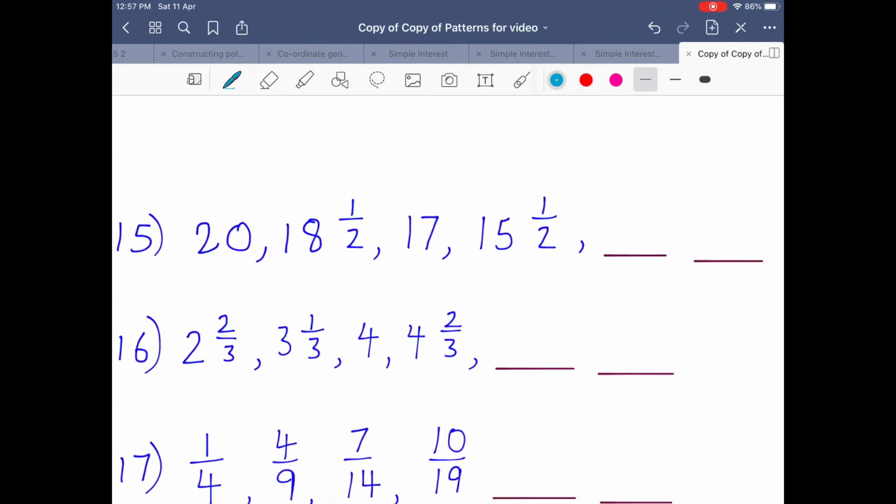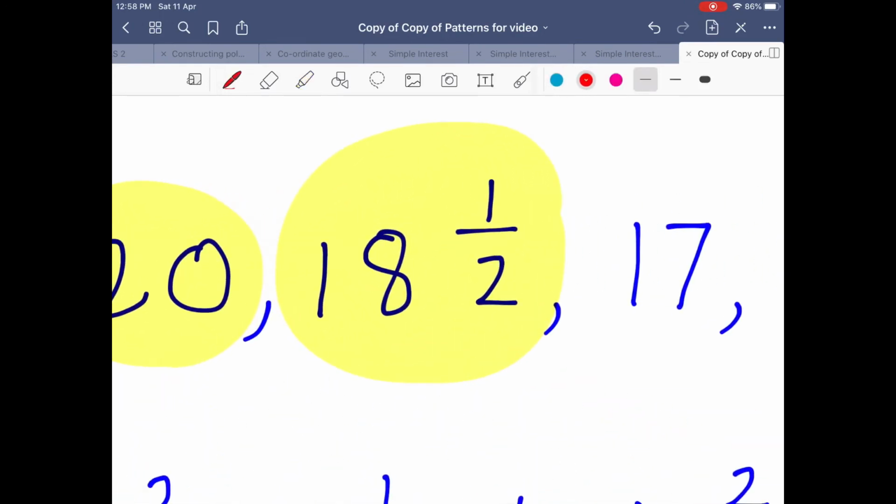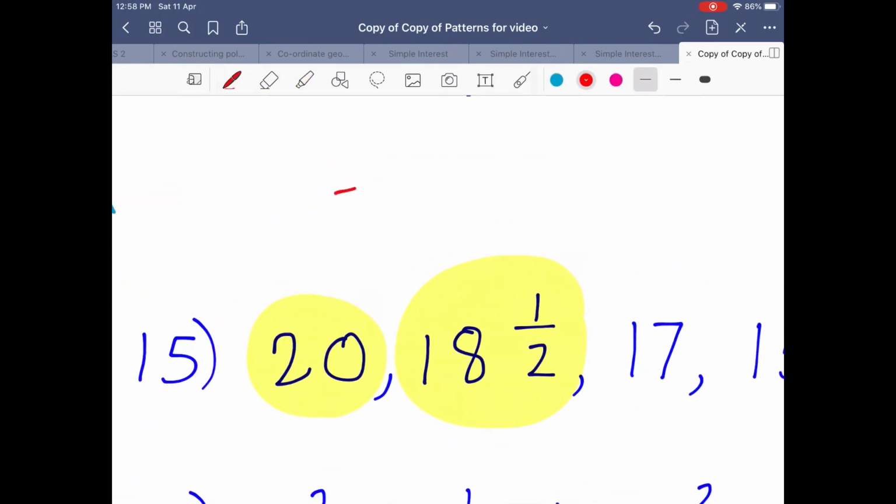Next, we have whole numbers and fractions. So is it a mixed pattern or is it a fractions pattern? Let's see. From 20 to 18.5, we are simply decreasing by 1.5. So we are minusing 1.5 to get 18.5.